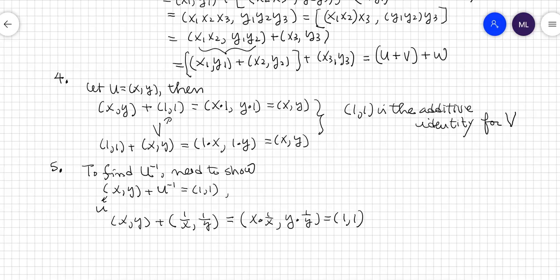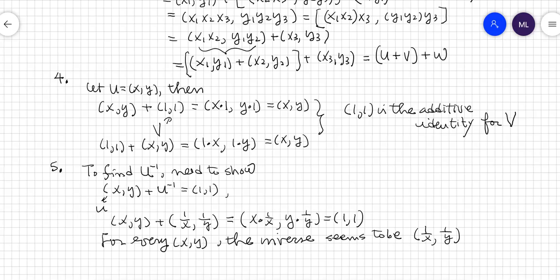So for every (x, y), the inverse seems to be, I don't know yet, (1/x, 1/y).